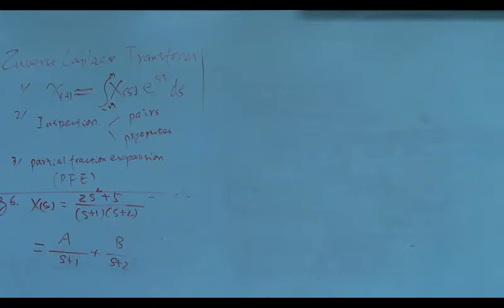Be careful, try again. Let me see. 2s squared. That's 2s squared, not 2s. So that is 2 plus 5 equals 7. Right?